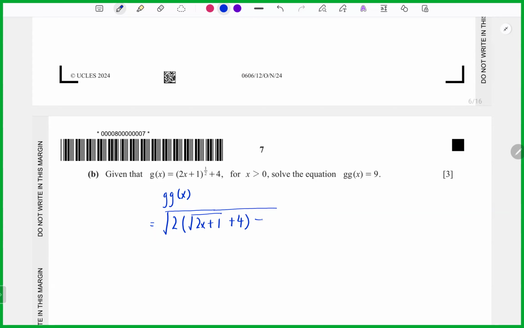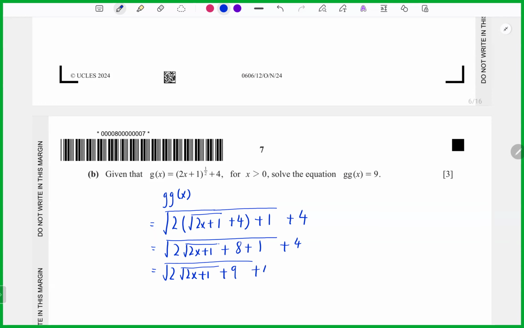And then here is also plus 1 plus 4. Two square root 2x plus 1, plus 8, plus 1, plus 4. So it goes to square root 2 square root 2x plus 1 plus 9, plus 4.